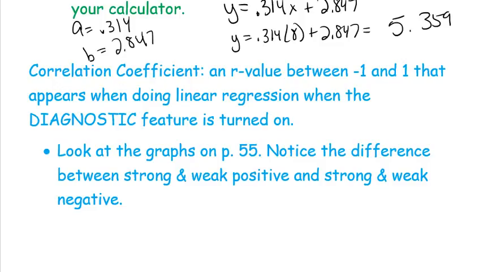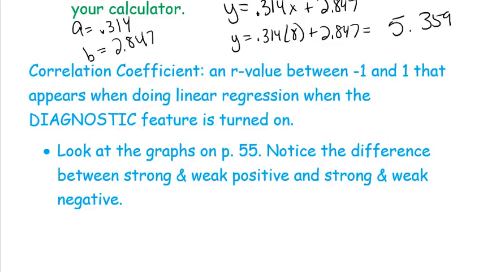Hit enter twice, and then that means the R will come up the next time that you do a regression. It should show up once you have hit enter twice with diagnostic on. If you need help finding this, raise your hand and I will help you.